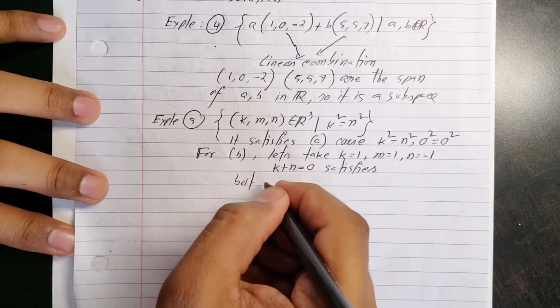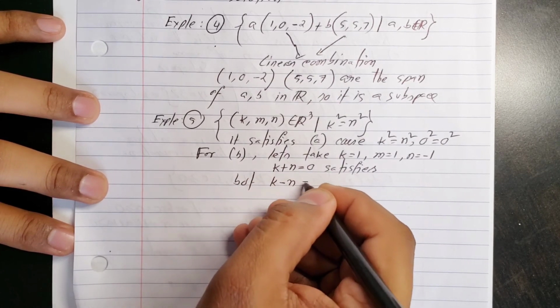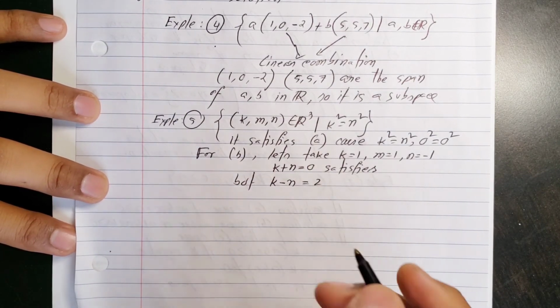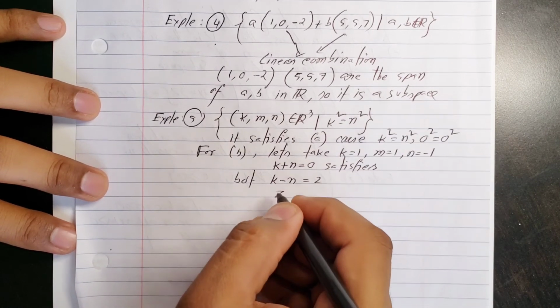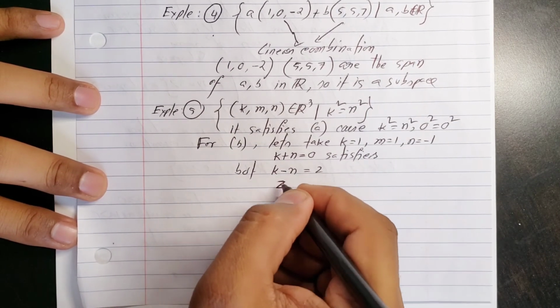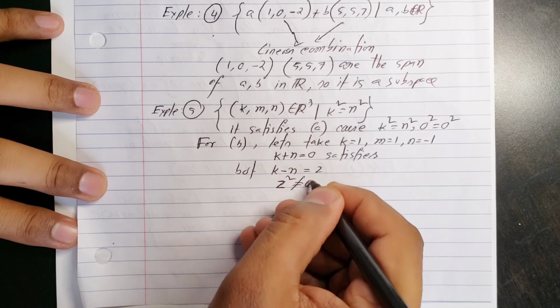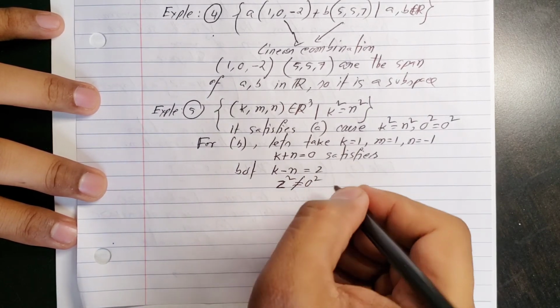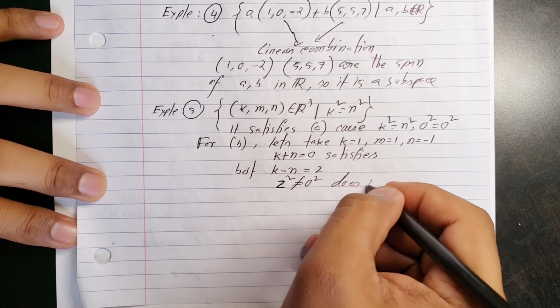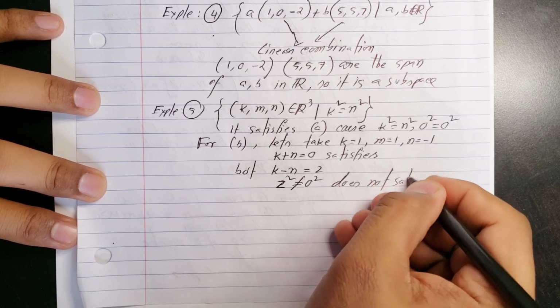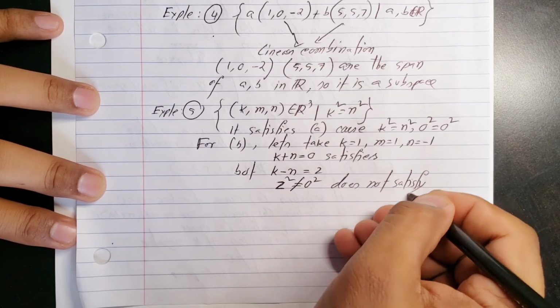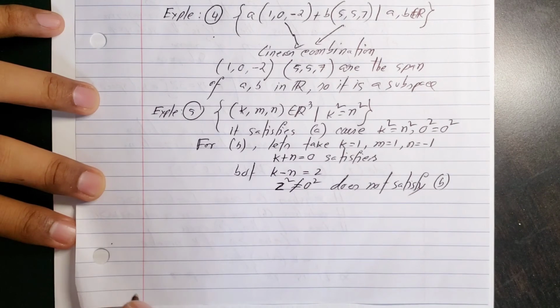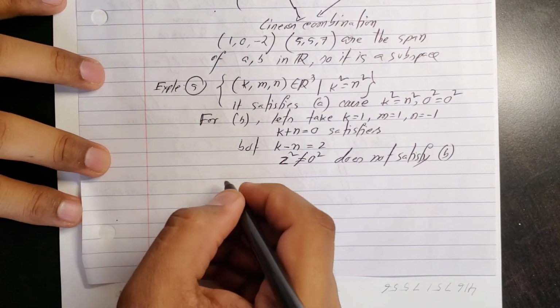But if you take K minus N, that gives you 2. So this 2 squared cannot be equal to the 0 squared. So it does not satisfy condition B. How about condition C?